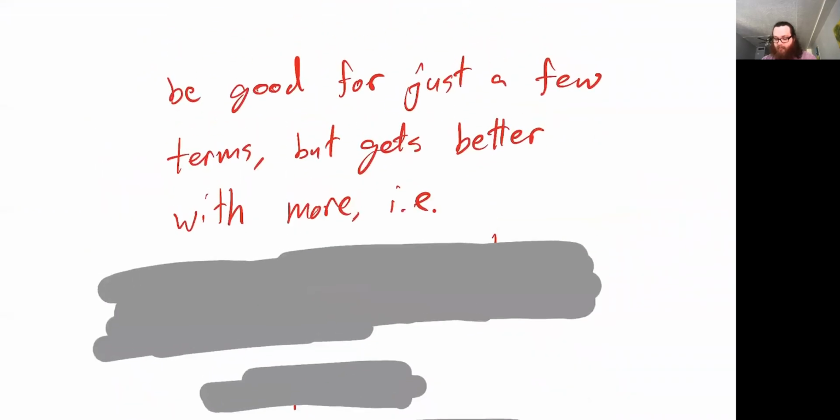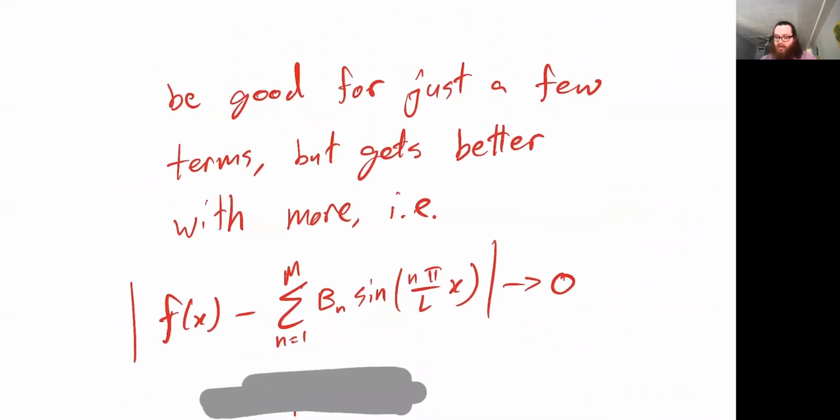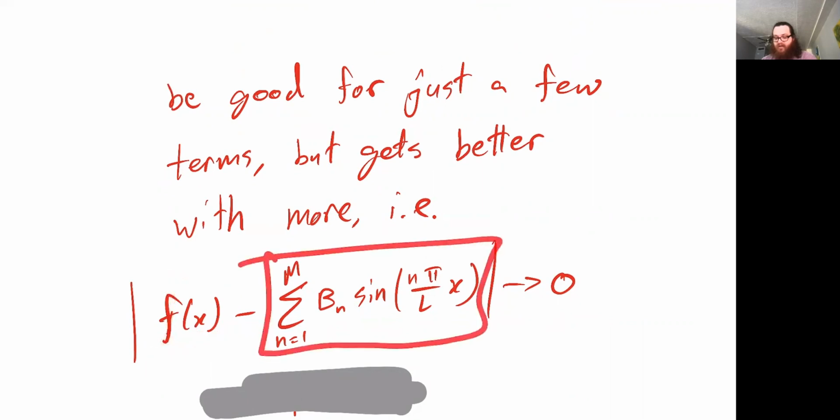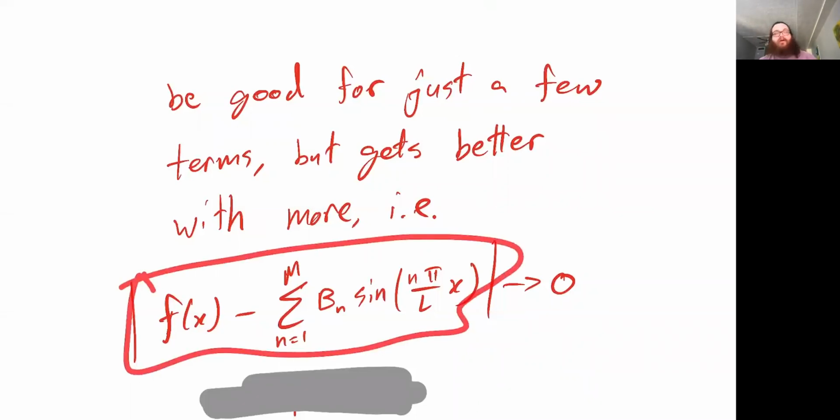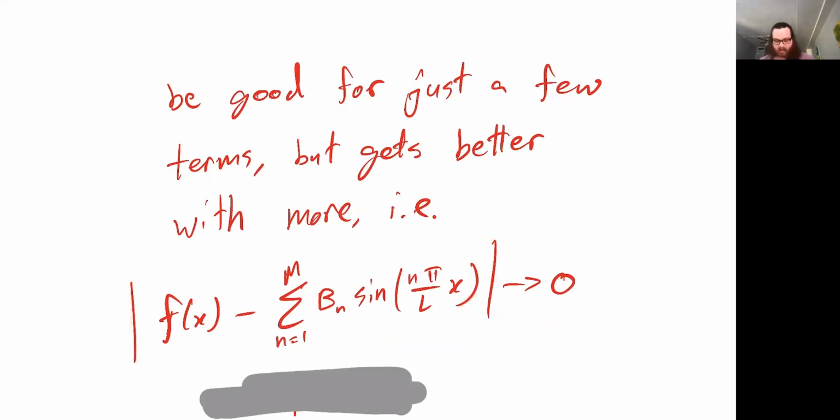One way we might write this mathematically is, if we measure the distance between the function we care about and this finite series of sine terms, what we would like to say is that the difference between these two functions, in some notion of distance, goes to 0. So this piece right here converges in a sense to this function.